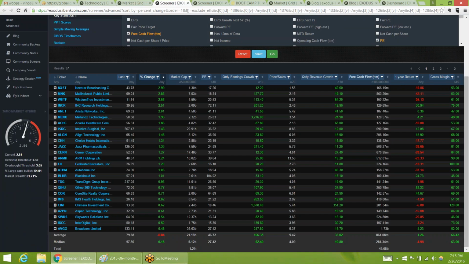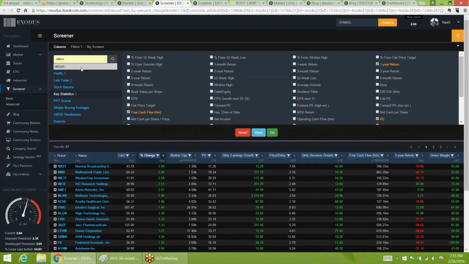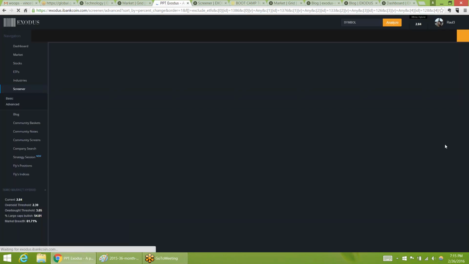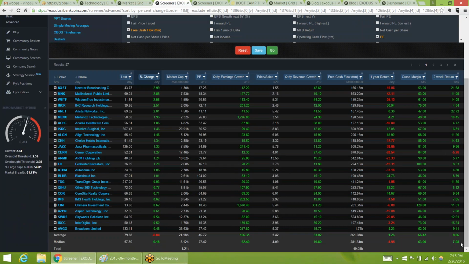And if we add in the returns for the last 2 weeks, we can see how it's done. So I just typed in return, hit 2-week return on this check mark, green go button. That's going to give me the column I want. And we can see these are up about 7.08% over the last 2 weeks.